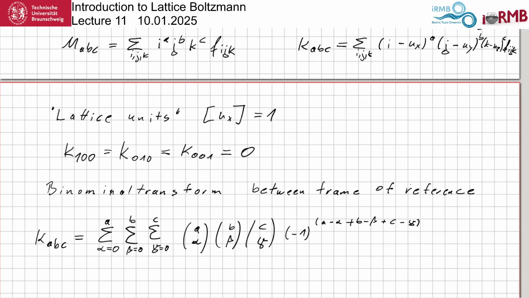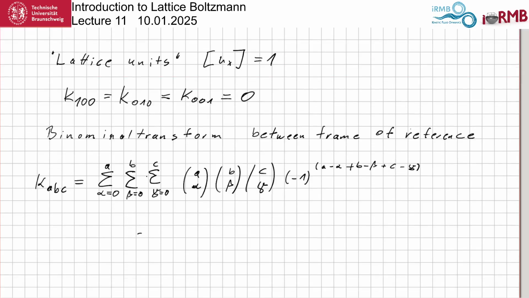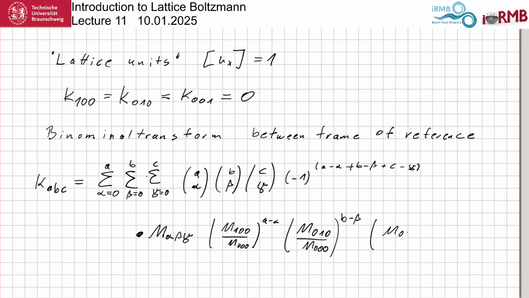It's a lengthy equation that doesn't fit into one line, so I'll multiply this with the raw moments M_alpha beta gamma, times M_100 divided by M_000 to the power of a minus alpha, M_010 divided by M_000, which you see is the velocity, obviously, to the power of b minus beta, and M_001 divided by M_000 to the power of c minus gamma.